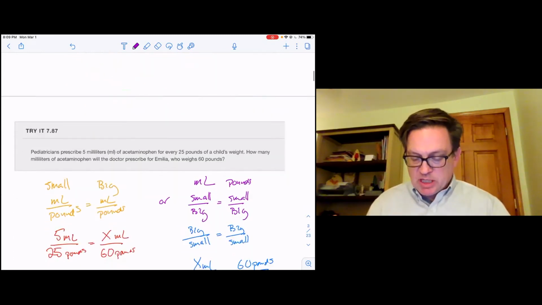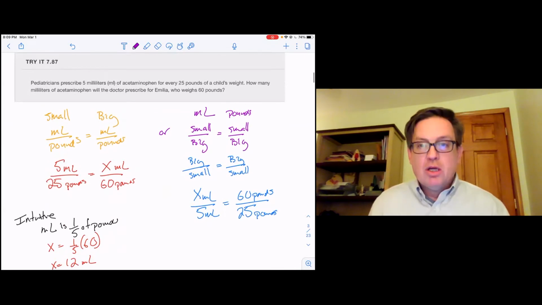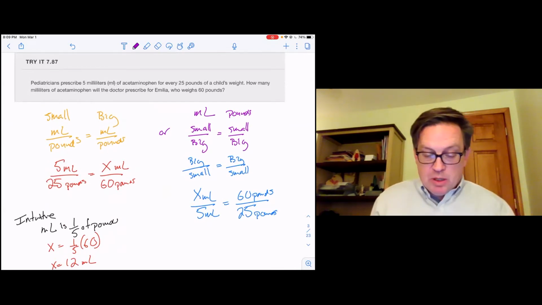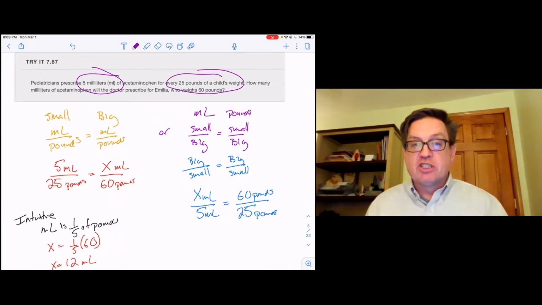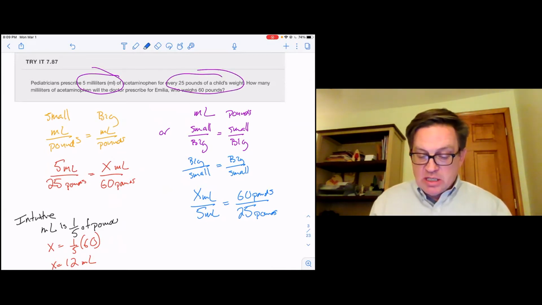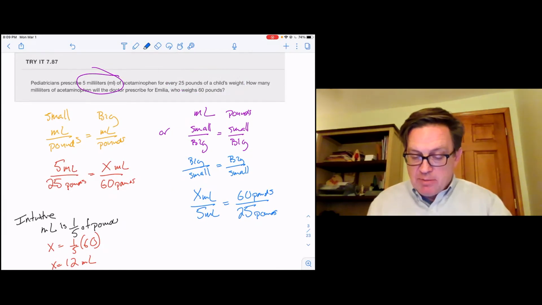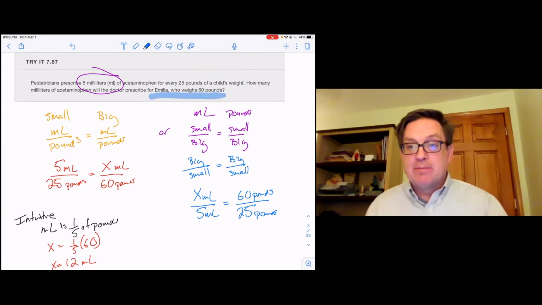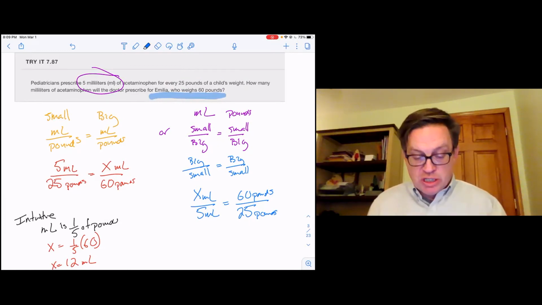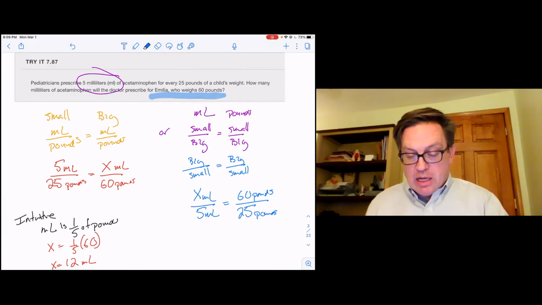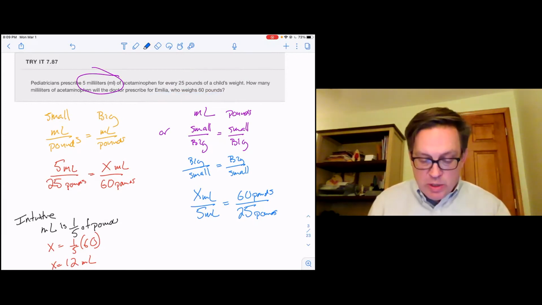Here's an example that we talked about in class. Pediatricians prescribe 5 milliliters for every 25 pounds of a child's weight. And the question is, how much should they prescribe to Amelia, who weighs 60 pounds? So proportionally, how many milliliters of medicine should she get? And I want to think about that in two ways.